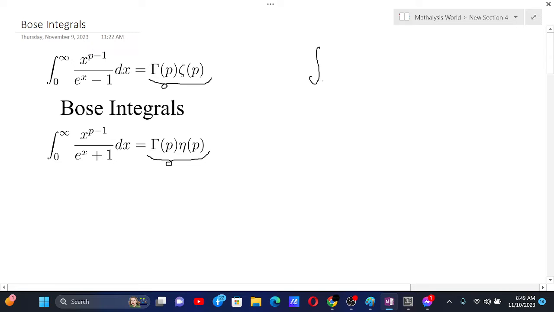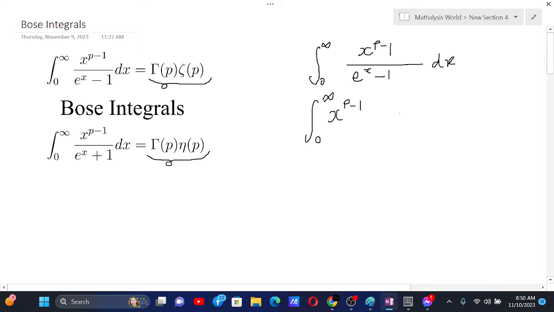We have this integral from 0 to infinity of x to the power p minus 1 by e to the power x minus 1 dx. First of all, we can make this a geometric series so that we can express it as an infinite sum and then exchange integral and sum and really simplify the expression.